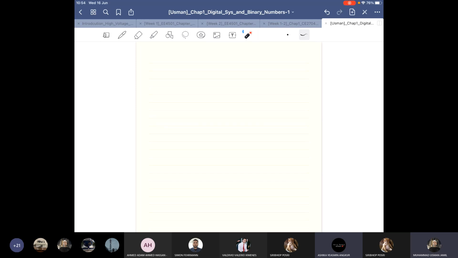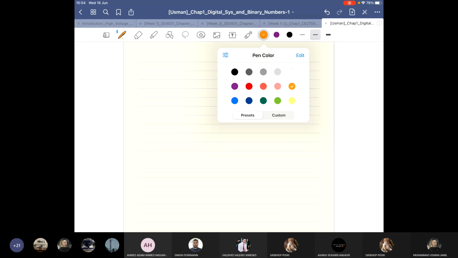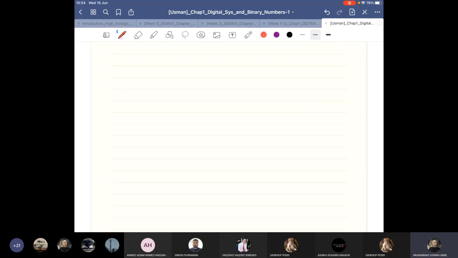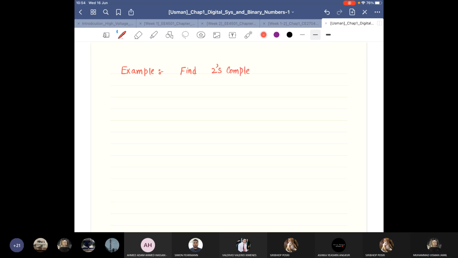Now the next is an example. The example is: find the 2's complement. Maybe I just want to say, I don't want to write 2's complement because then you will know it is a binary number.